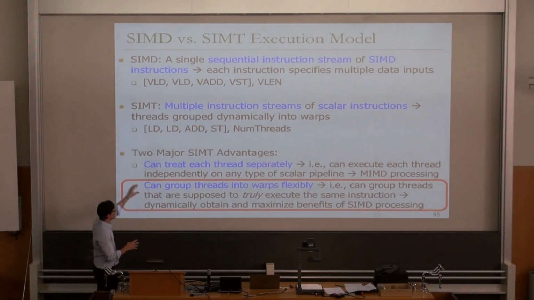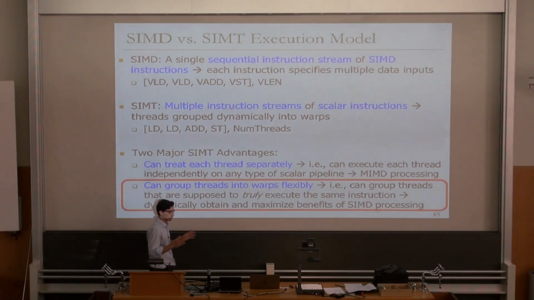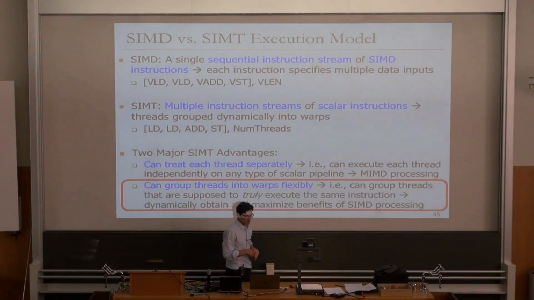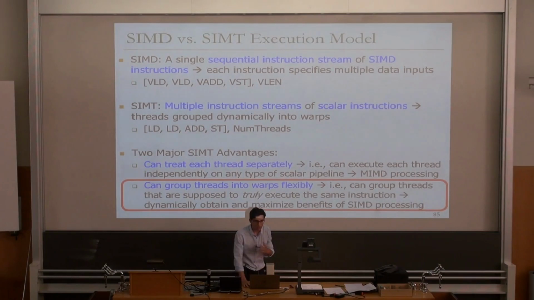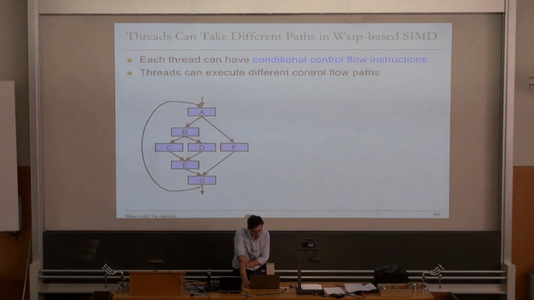Recall that the first thing has been that each thread is treated separately. The second potential advantage is that the hardware could potentially group threads flexibly. This is something that doesn't happen in current architectures, but wouldn't be that difficult to implement and would provide some more efficiency from the hardware point of view.